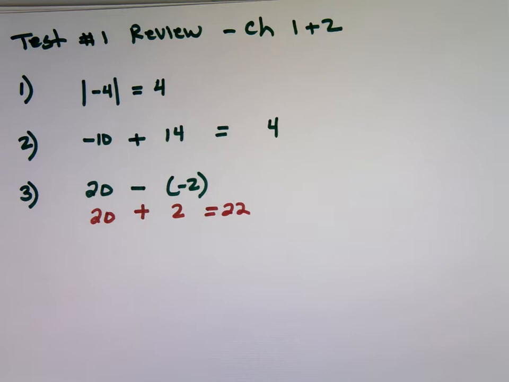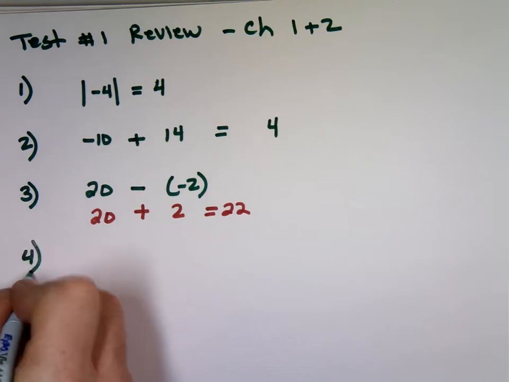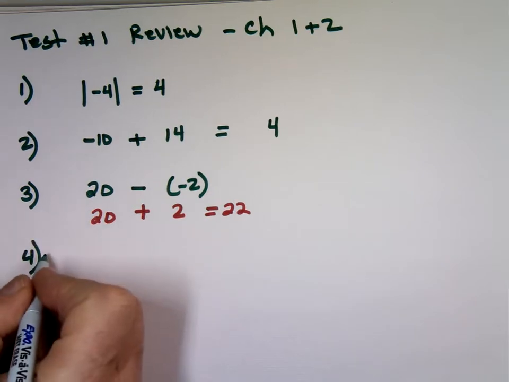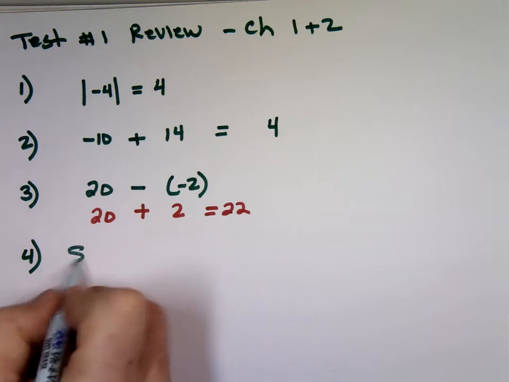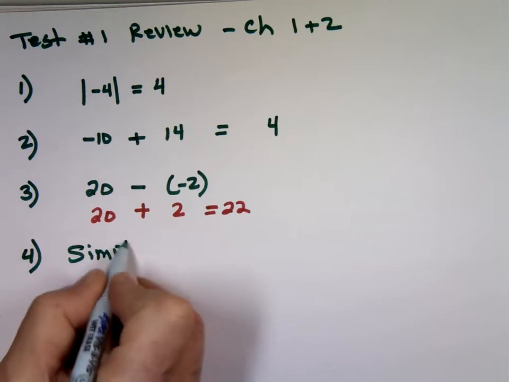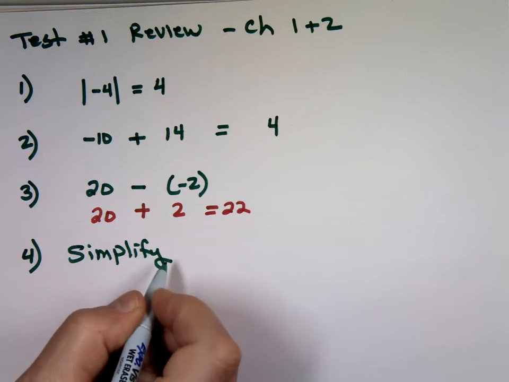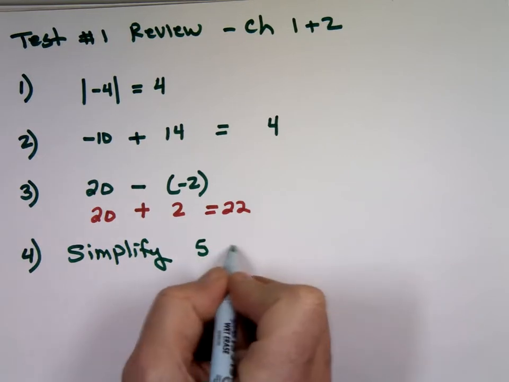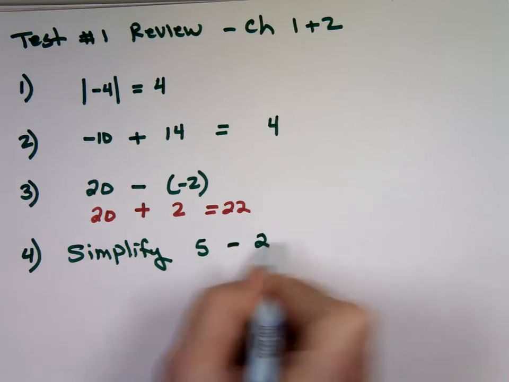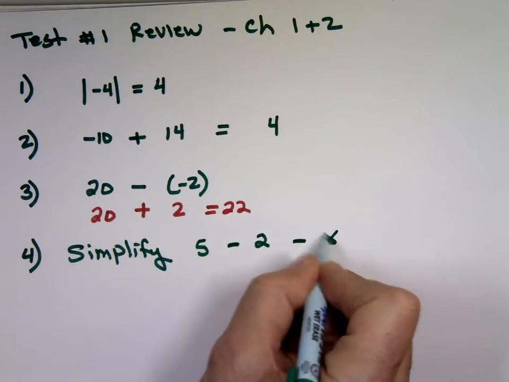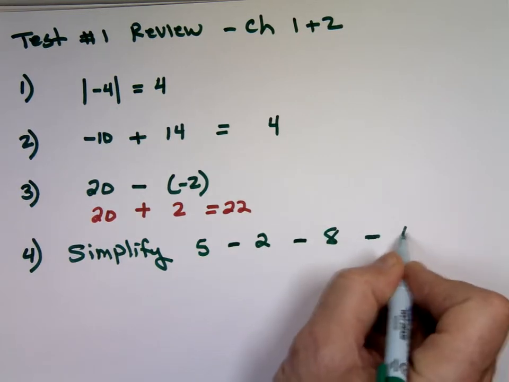The next question. It says simplify. 5 minus 2 minus 8 minus 4.